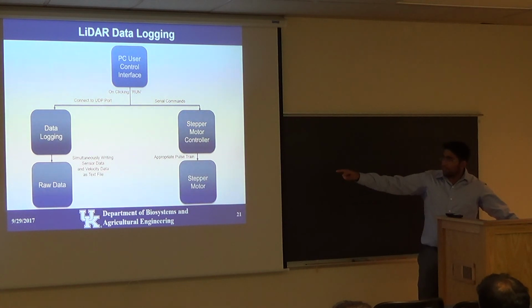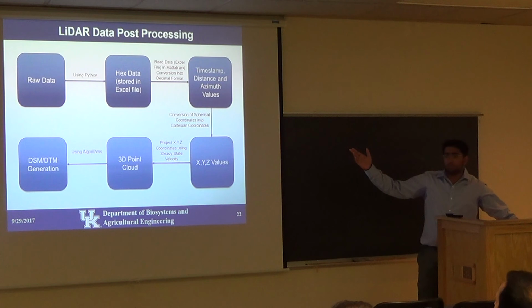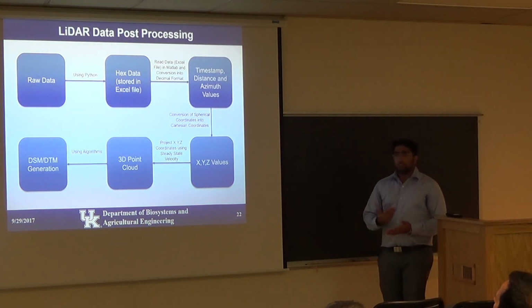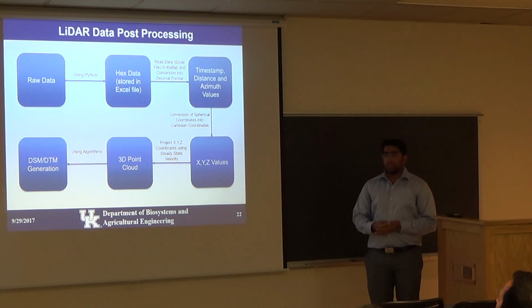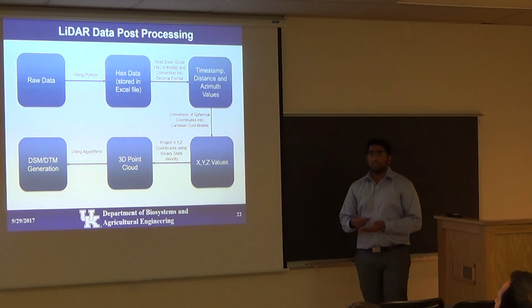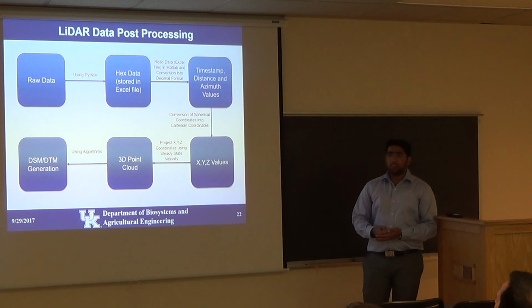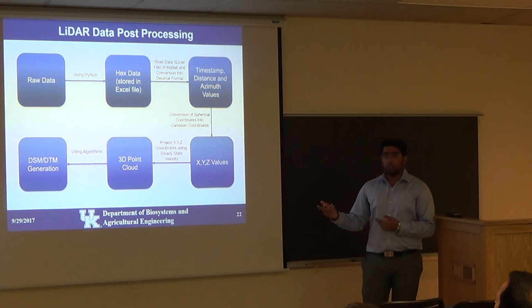The last one is you get the raw data with the velocity values, and after that is the data post-processing. You get the raw data, which is in Unicode format, I think, and you put it in a Python script which converts it into hex format in an Excel file.